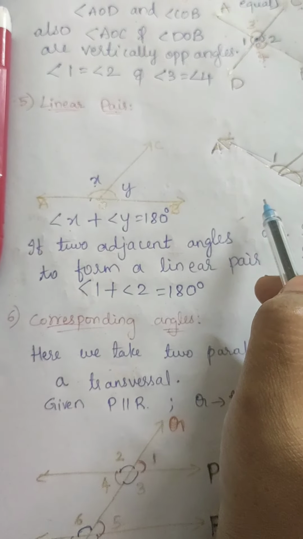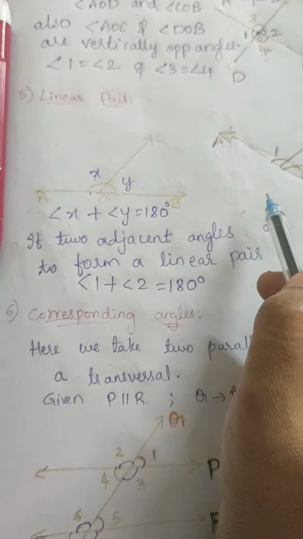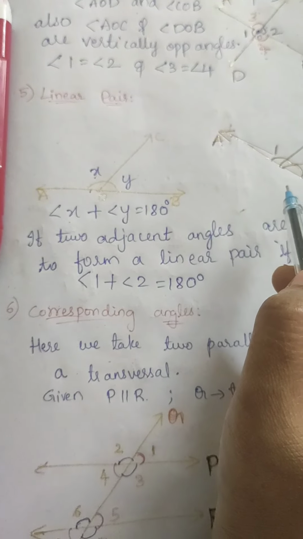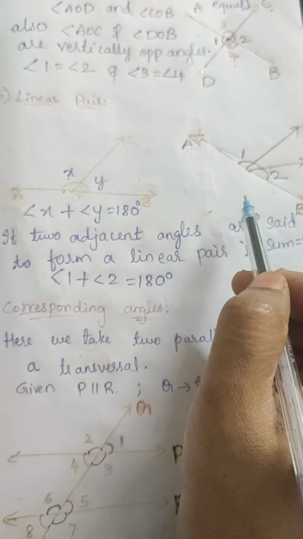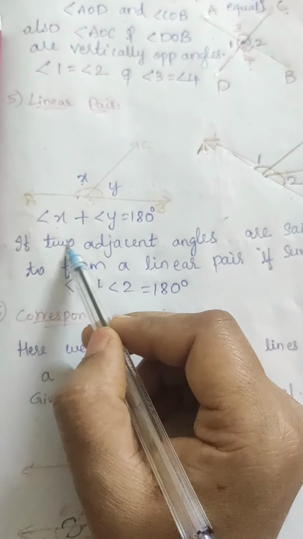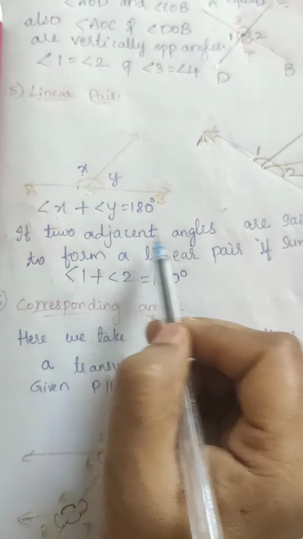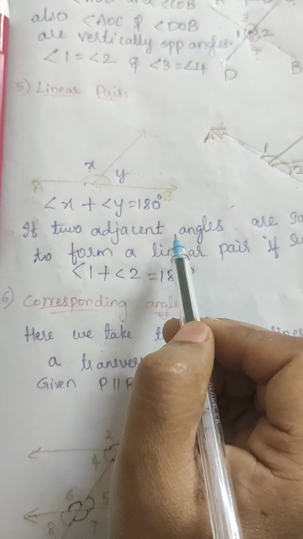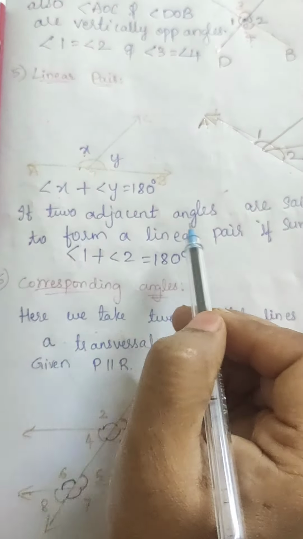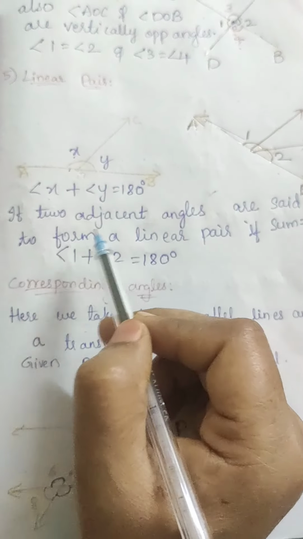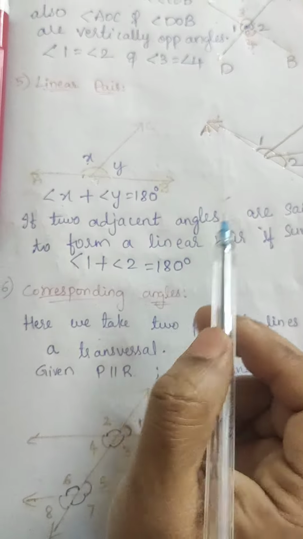But all supplementary angles cannot be a linear pair, but all linear pairs are supplementary angles. Remember that. Here we are taking two adjacent angles. That is the difference between supplementary angles and linear pair. Here we take two adjacent angles and their sum should be 180 degrees.